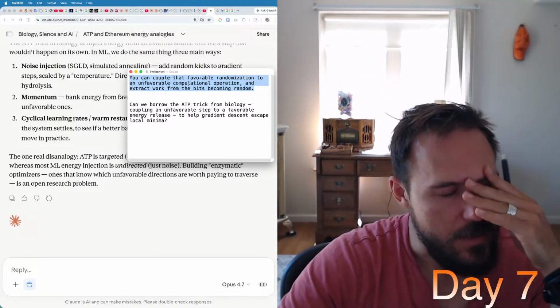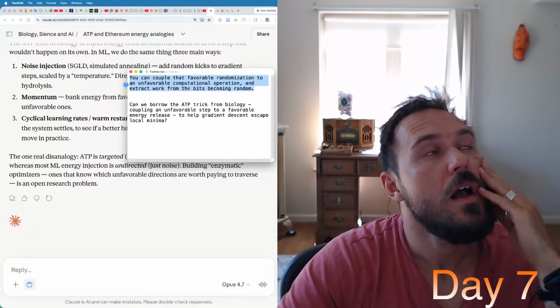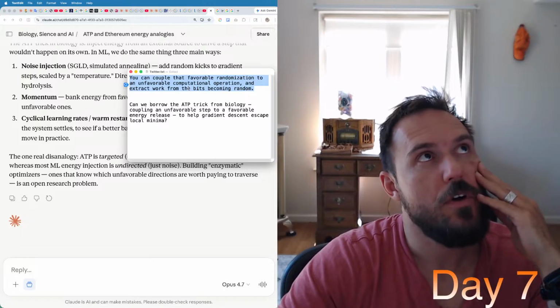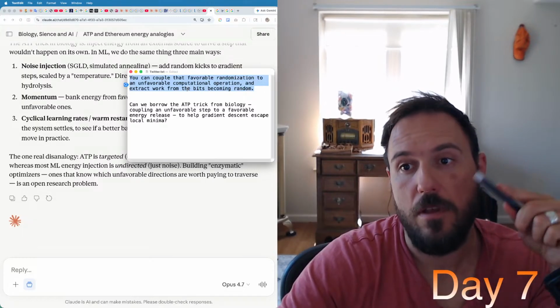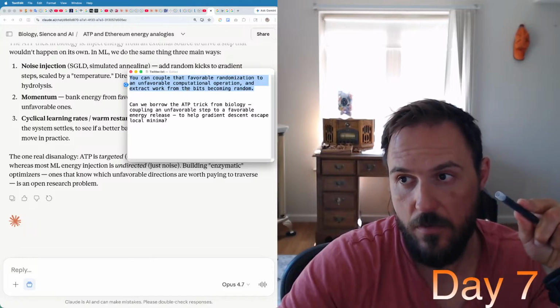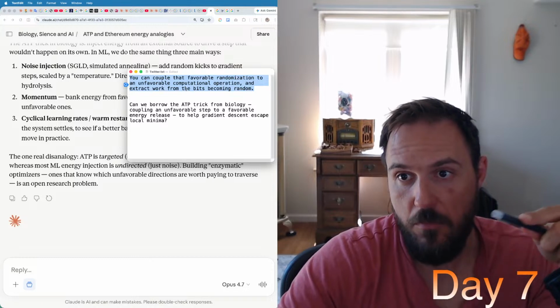How to explain it? Imagine you have a hard drive that stores 0s and 1s, and it uses the same energy to store either 0 or 1. They're identical.